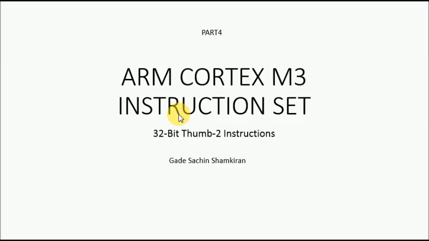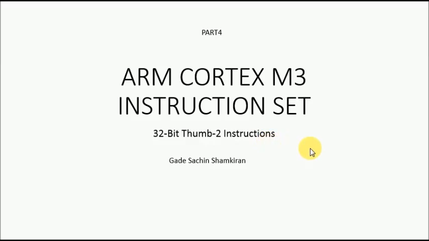The links to those videos are given in the description box. Please refer to the links and first see the part 1 to part 3 lectures, and after that you continue with part 4. Now here we are going to cover the 32-bit Thumb-2 instructions.